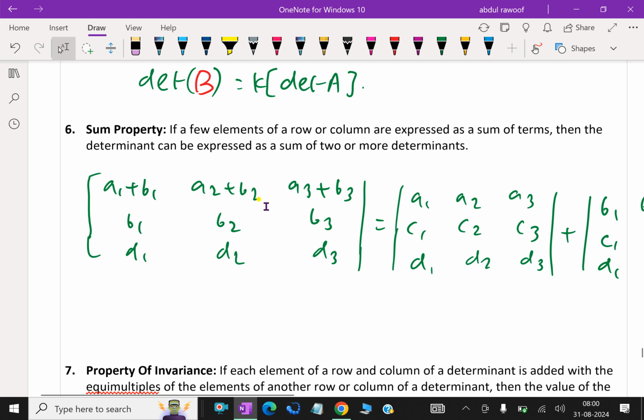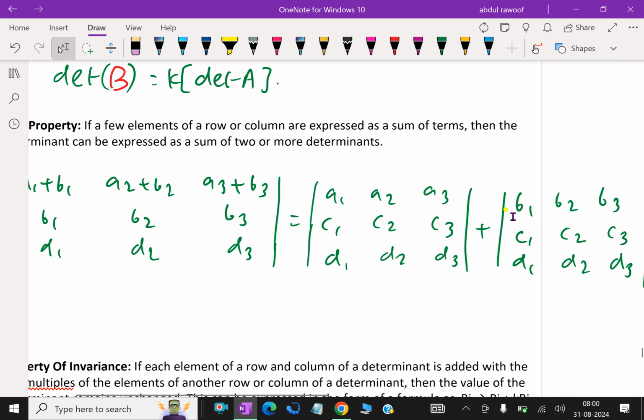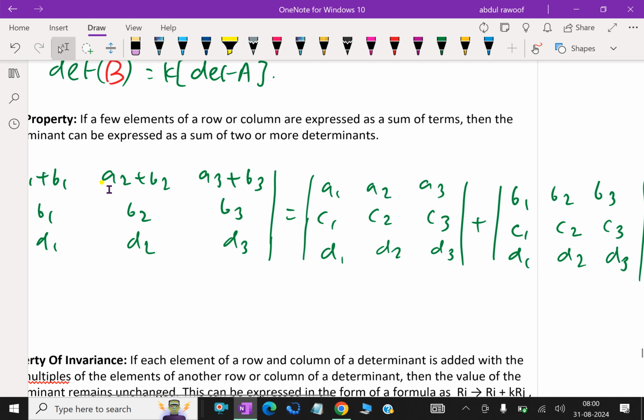Now, if the first row is an addition of two elements, we take out first A1, A2, A3, C1, C2, C3, D1, D2, D3, and the second elements are added separately at right, that is B1, B2, B3, C1, C2, C3, D1, D2, D3. That means this determinant is written as the sum of two other determinants.